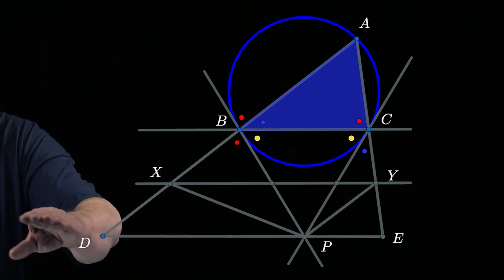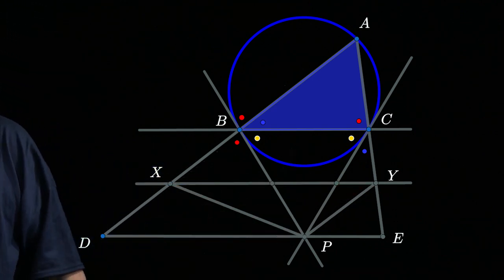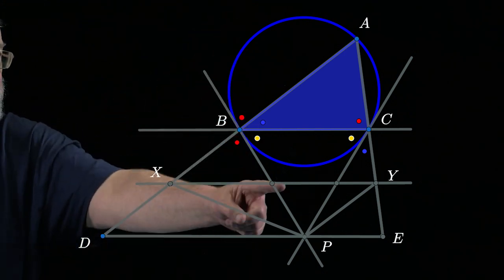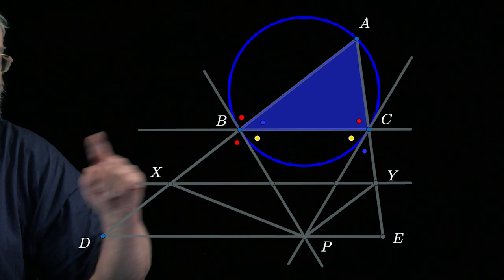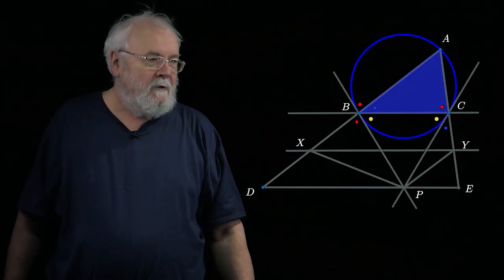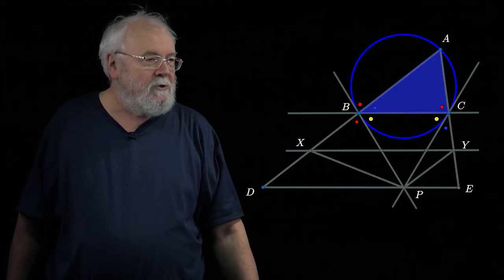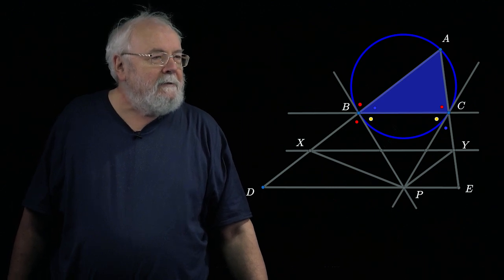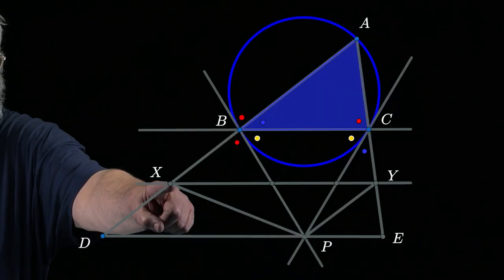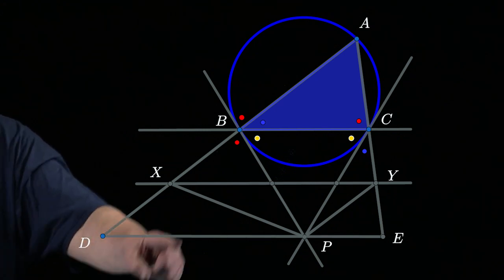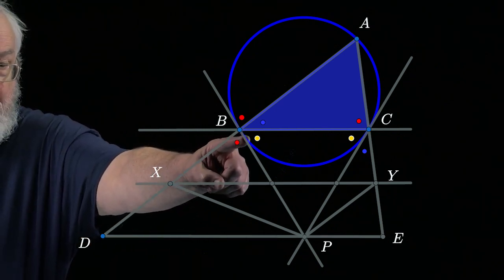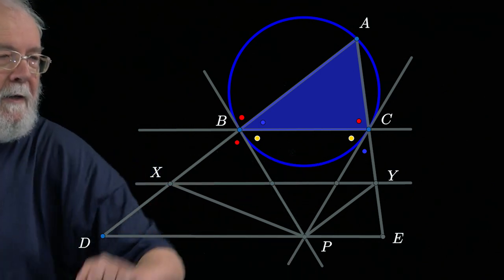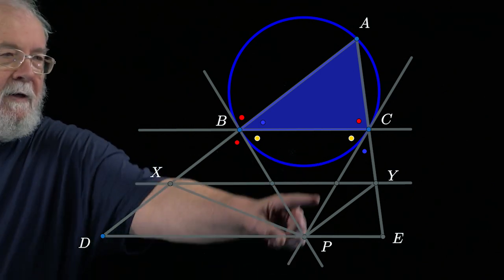And let this new line through P meet the line AB at D and the line AC at E. Now you look at this diagram, you see all sorts of similar triangles. The important thing is that the point X is the midpoint of BD, and the point Y is the midpoint of CE.